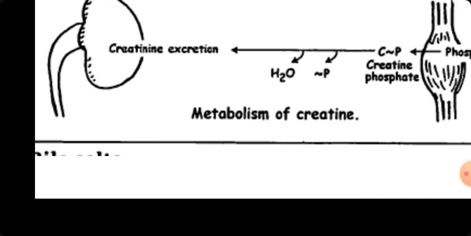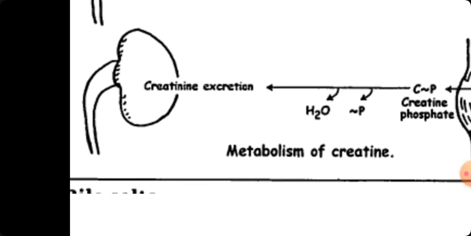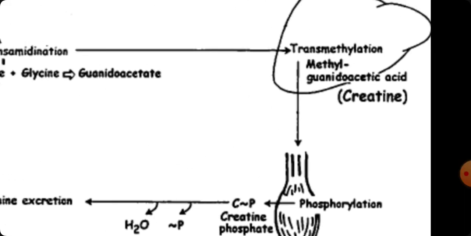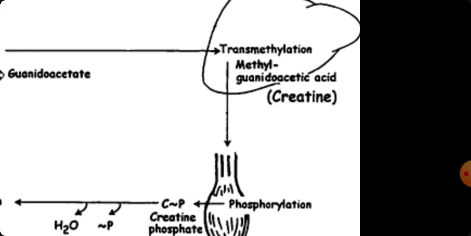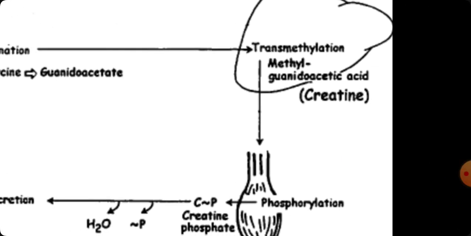This reaction is called transamidination. This guanidoacetic acid formed in kidney is then sent to liver. There in liver, it is acted upon by the enzyme S-adenosylmethionine, called transmethylation. By transmethylation, guanidoacetic acid is converted into creatine.